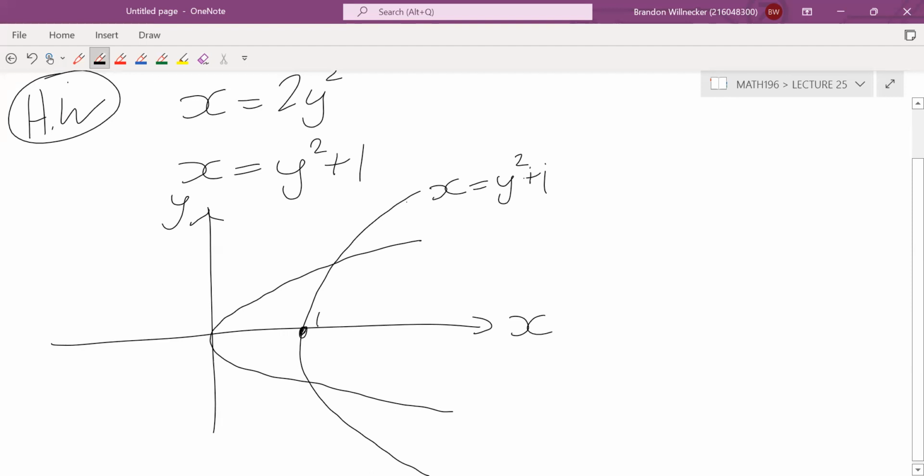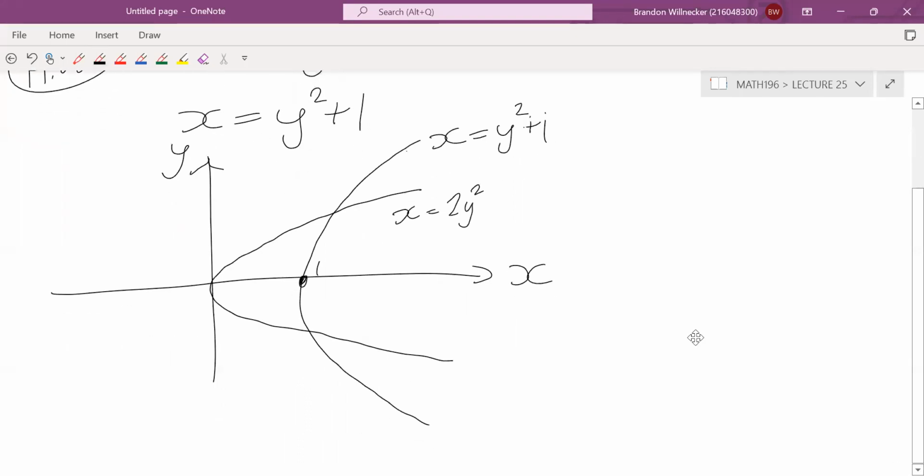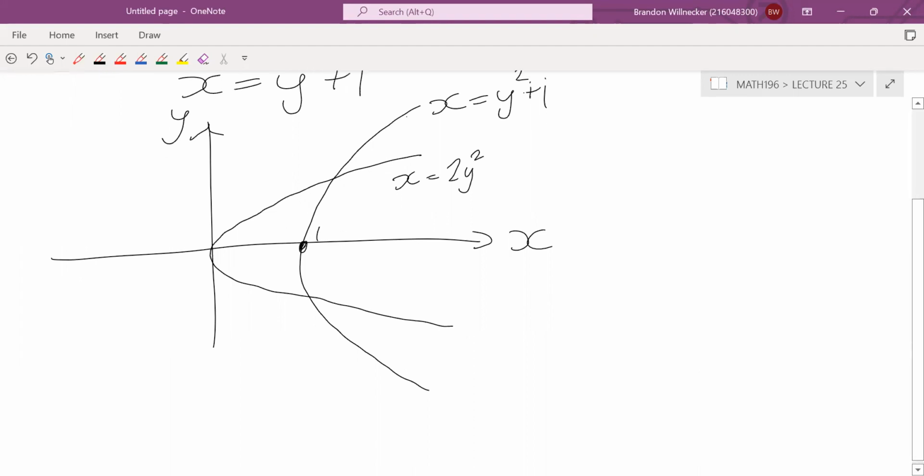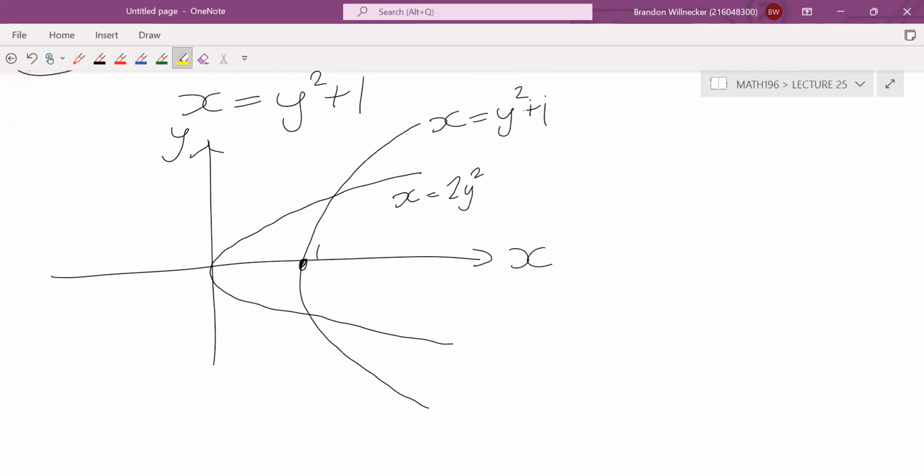So that point there is 1. And then the other one is x equals 2y squared. Okay, again, it's exactly the same as sketching y as a function of x, but you just need to turn your head to the side because x is now a function of y. Okay, so the enclosed region is going to be this part over here.